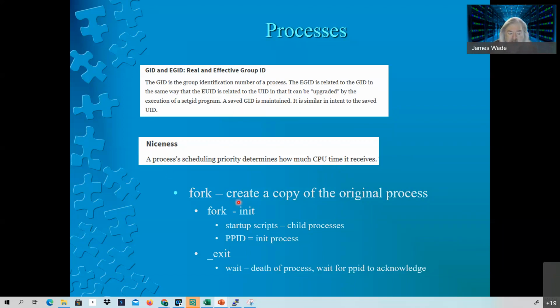Fork creates a copy of the original process. For example, the init process starts all of these scripts up. They become the child process. And we talked about this when the system boots up. Just a reminder, system boots up. Once again, the BIOS starts up the computer, does POST checks, and then it looks for the master boot record on a bootable device.